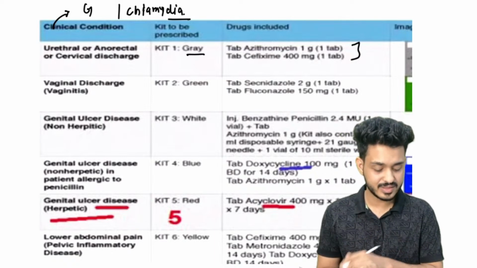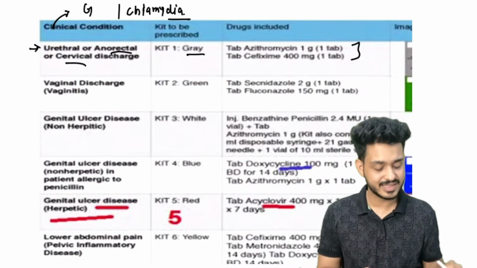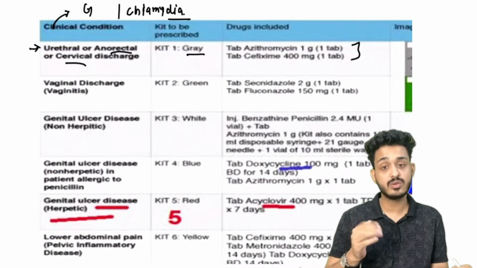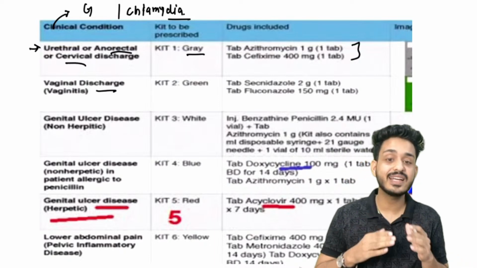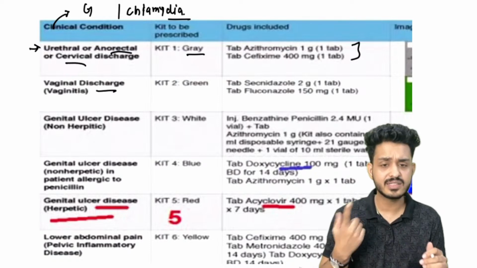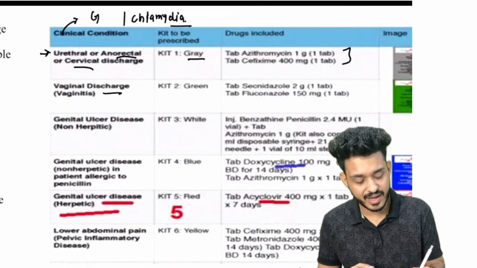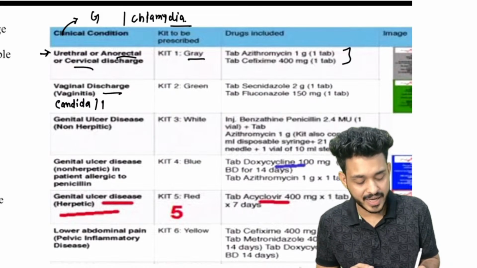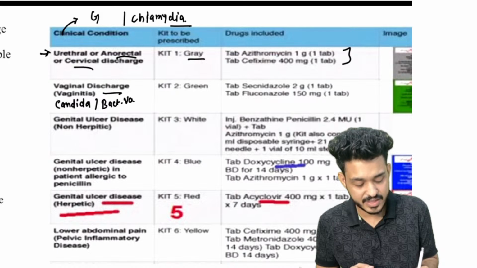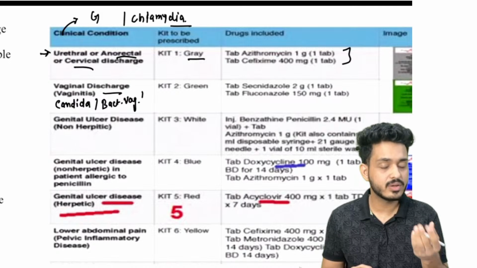So any kind of urethral, anorectal or cervical discharge is treated with azithromycin and cefixime. Second is vaginal discharge. Vaginal discharge can be due to 3 things: fungal infections like candida, bacterial vaginosis, and one more that gives a strawberry vagina.